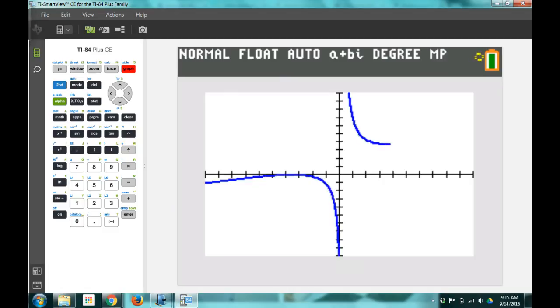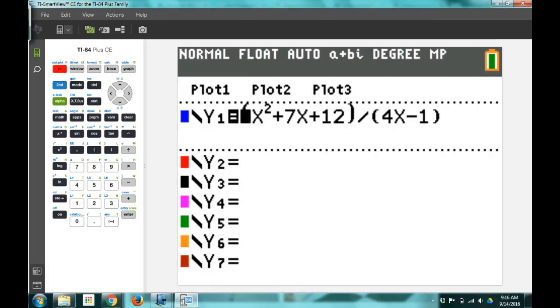It's funky. We've got some stuff happening here. See how it turns down there? That's what tells you there's a vertical asymptote happening. Let me make sure I didn't forget the squared on the 4x.